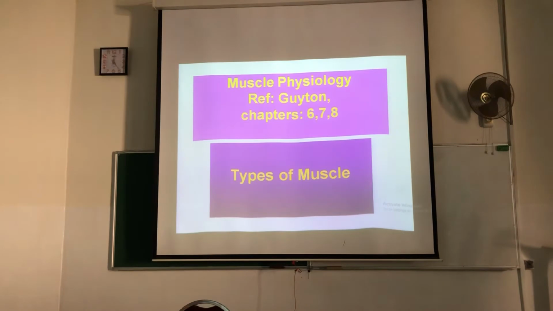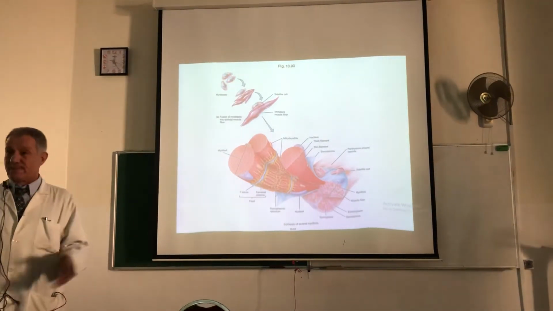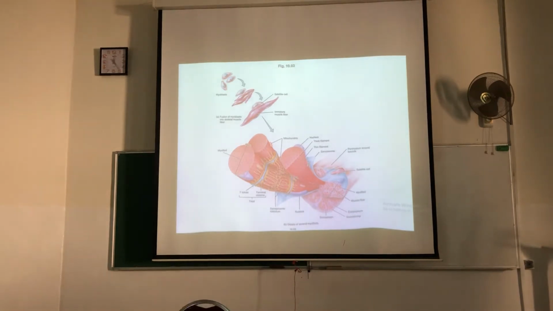Smooth muscle cells have involuntary control, while skeletal muscle cells have only voluntary control. Cardiac muscle cells have involuntary control. Okay? So for the muscle, we have to talk about some points with regard to structure.